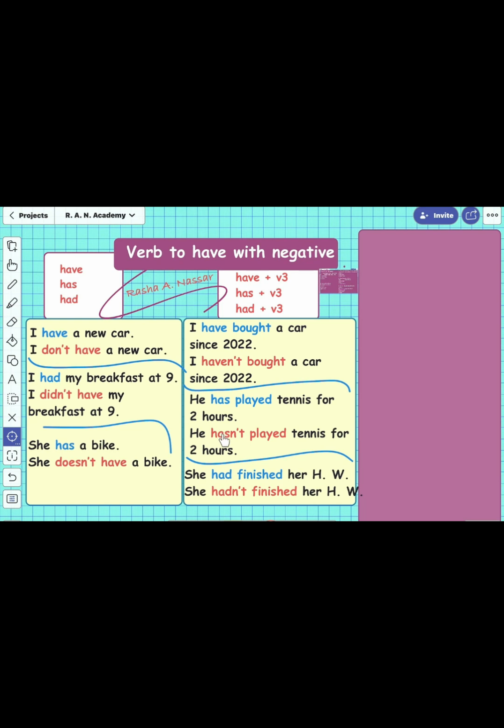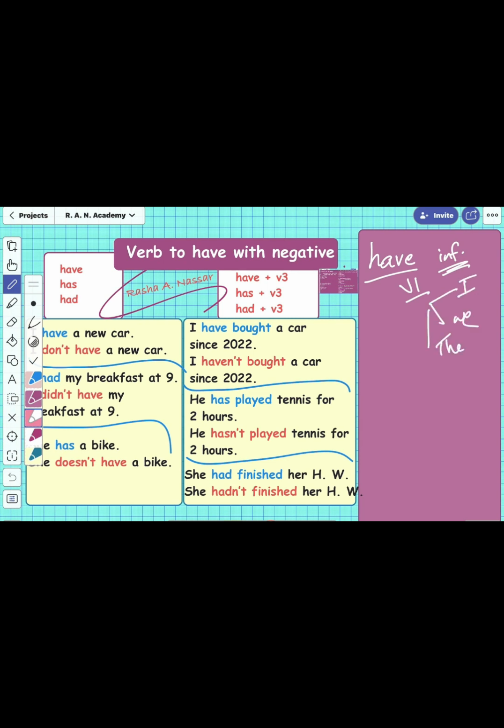So, before going into any details with the verb to have, you have to see that have is the infinitive form. I mean, it is V1. So have goes with I, we, they, and you.